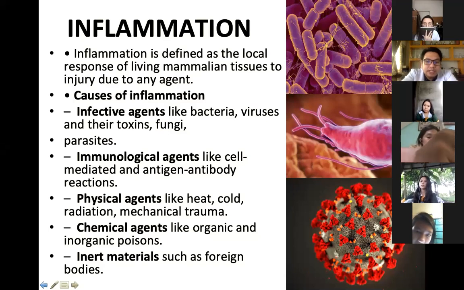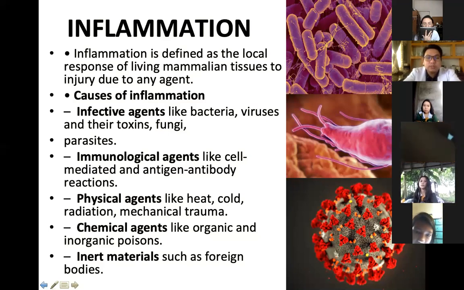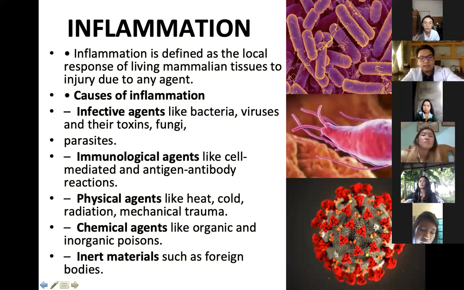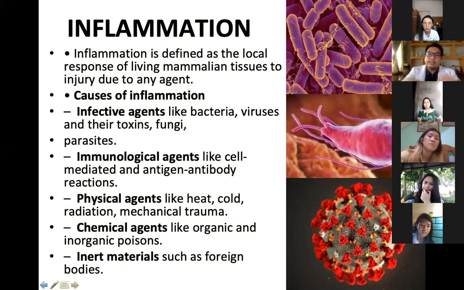For immunological agents, like cell-mediated and antigen-antibody reactions. For physical agents, heat, cold, radiation, mechanical trauma. For chemical, we have organic and inorganic poisons. And for inert materials, we have foreign bodies. Okay. So what is inflammation? It is a response, okay, to any agents of inflammation.